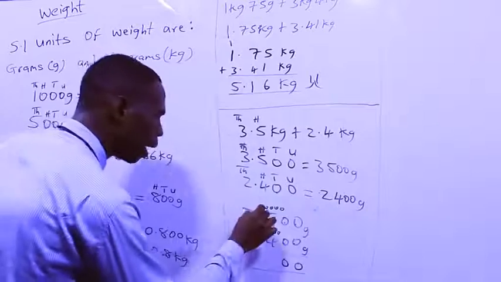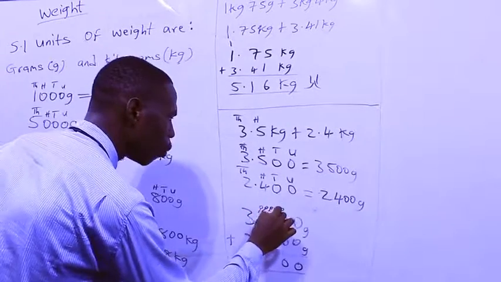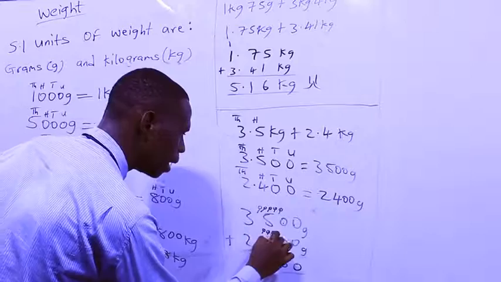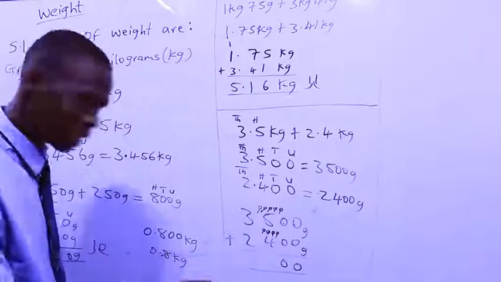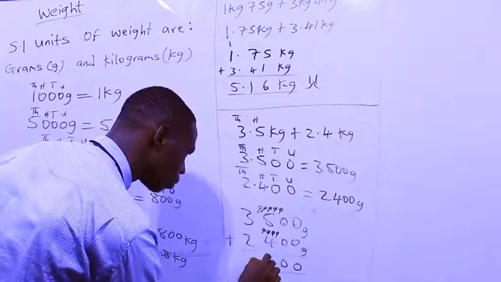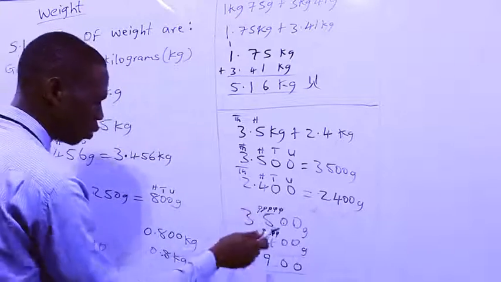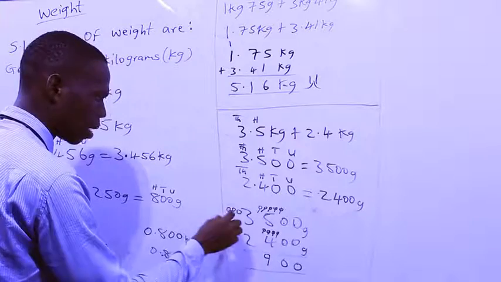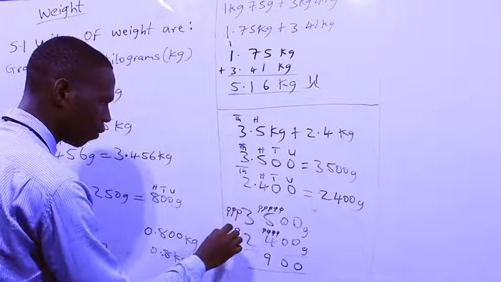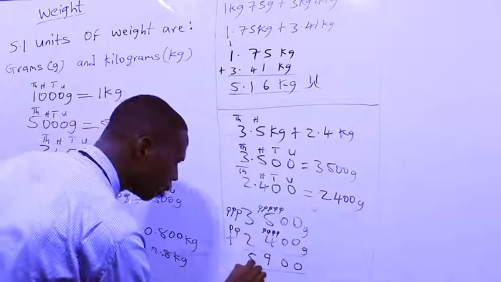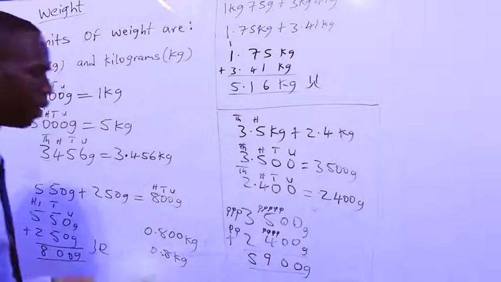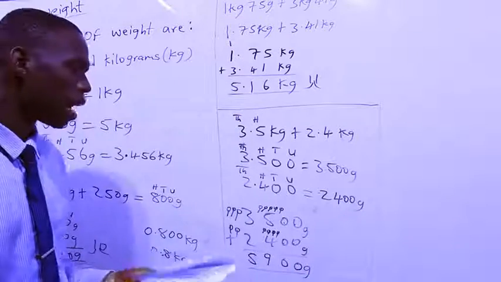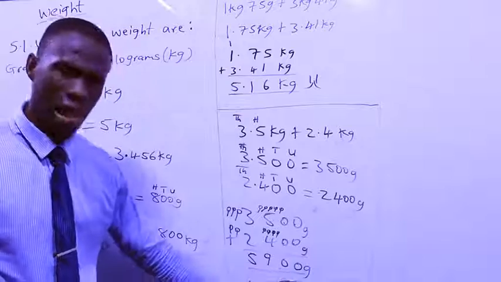You count them together: 1, 2, 3, 4, 5, 6, 7, 8, 9. Did you see? It's 9. Put it. 3 plus 2: let's count, 1, 2, 3, 4, 5. That means, look at what I have here: 5,900 grams.